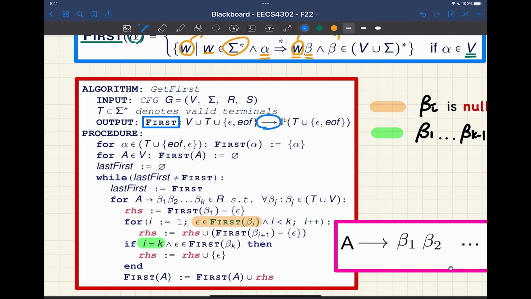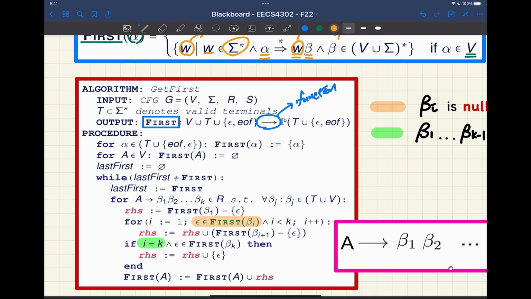It is a function. Just remember, or think of it more like a hash table, like a hash map. What will be the key? The key for the map will just be either a variable or a terminal, or simply epsilon or EOF. So these are the possibilities as the key. Whenever you pass anything valid as the key, it's going to return back to you a set of terminals as the first words. That's the computation.